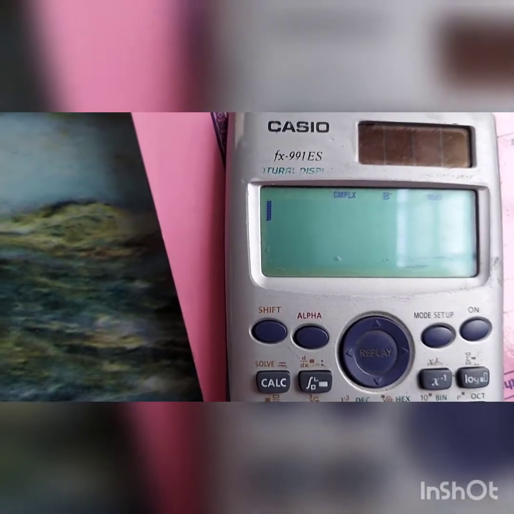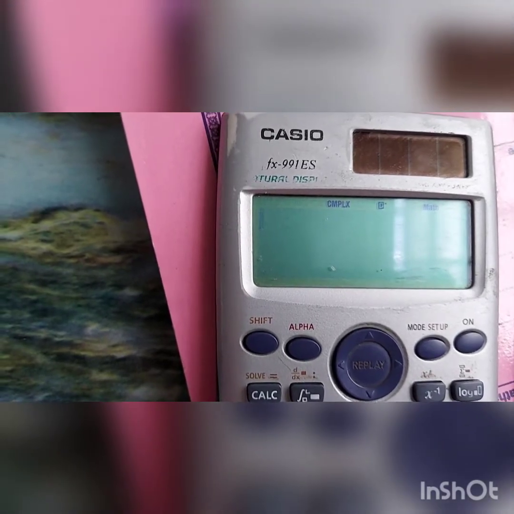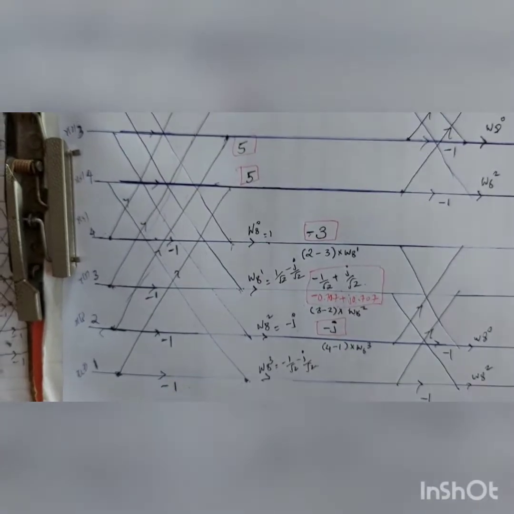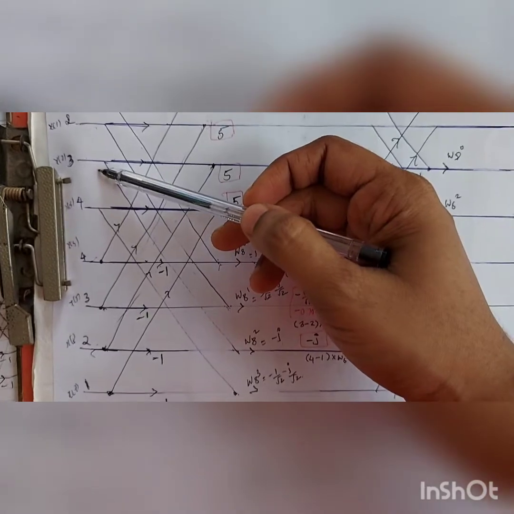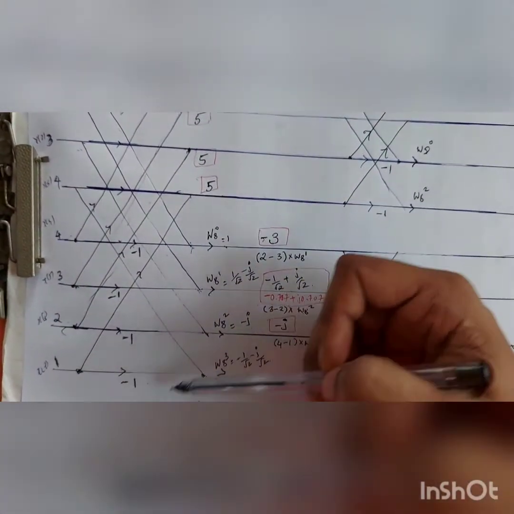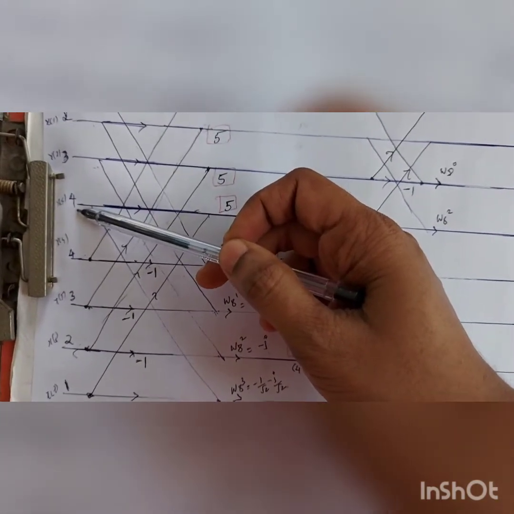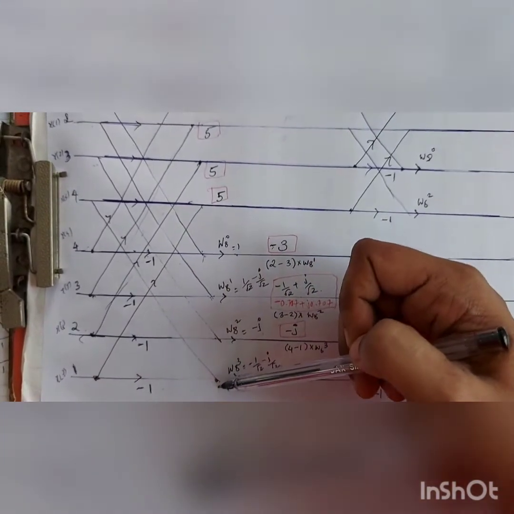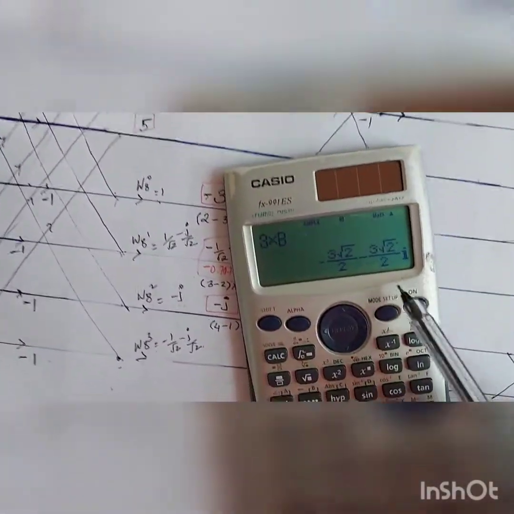So what was W8 power 3? Here we have x of 3, that is 4, 1 into minus 1. So 4 minus 1 is 3, 3 into W8 power 3. As I told you, we can do this in the calculator.